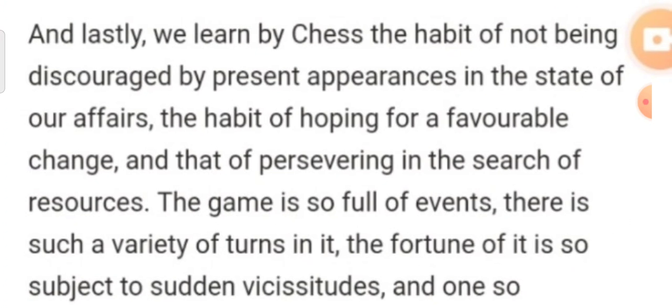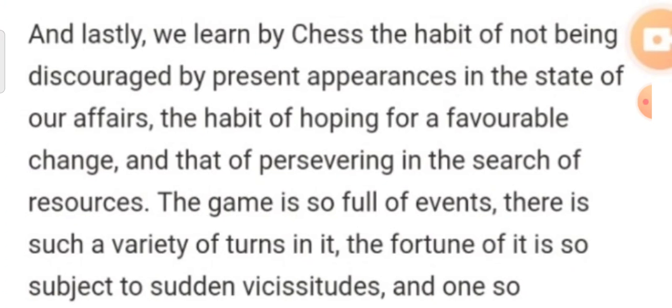Lastly, what do we learn by chess? We learn the habit of not being discouraged by the present appearance in the state of our affairs. What are the affairs? The affairs of our daily life. We learn not to be discouraged by what is happening in the present situation.